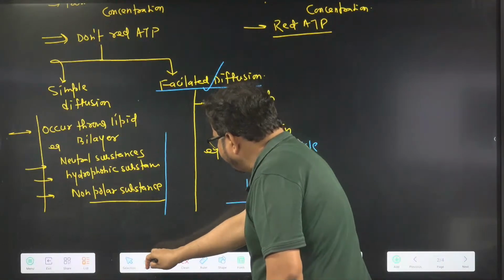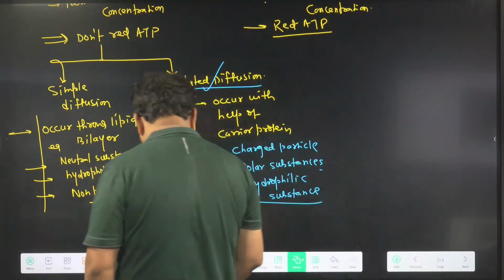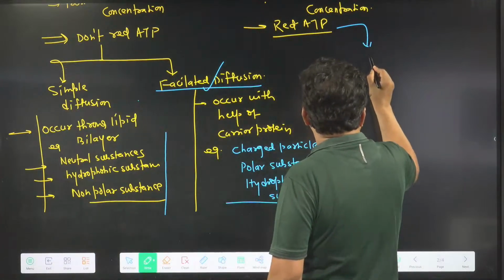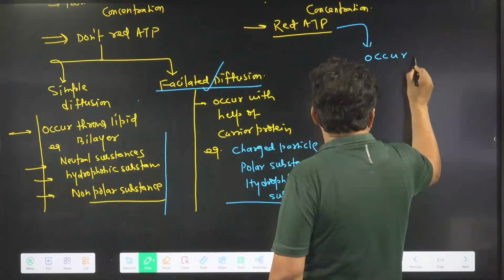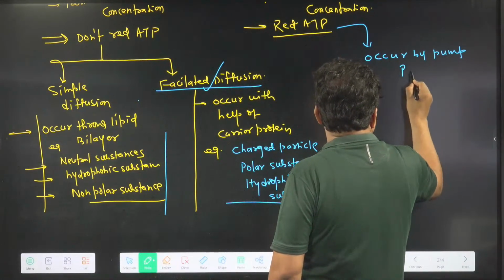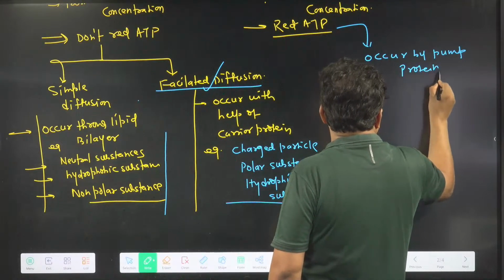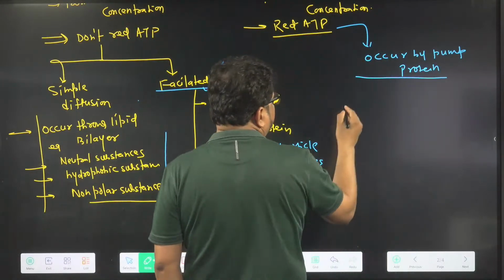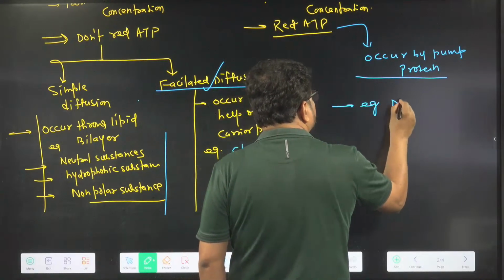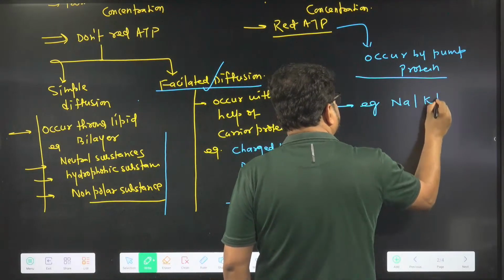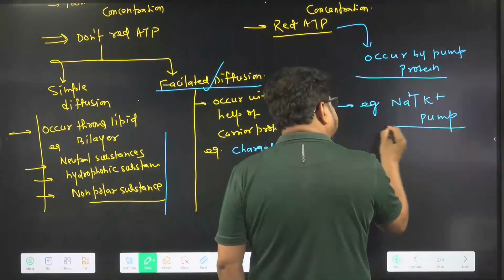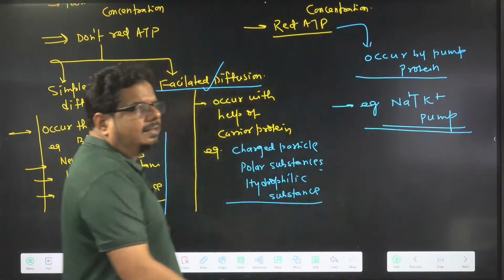Active transport occurs by pump protein, and I already wrote that it occurs against the gradient. An example is the sodium potassium pump. The sodium potassium pump is an example of active transport.